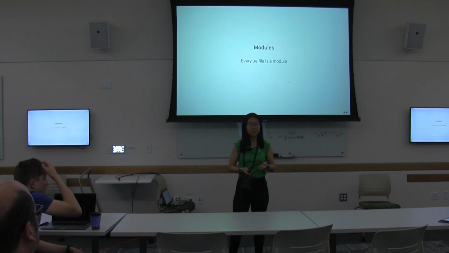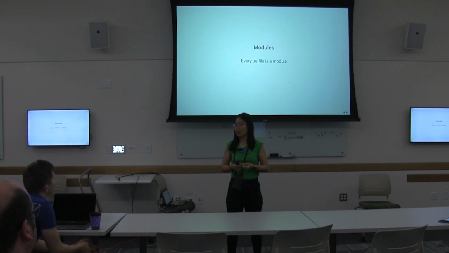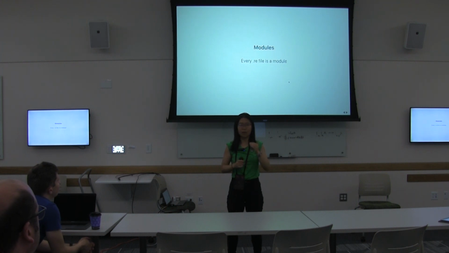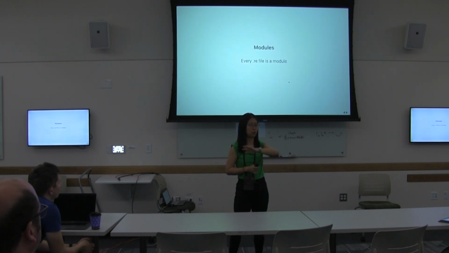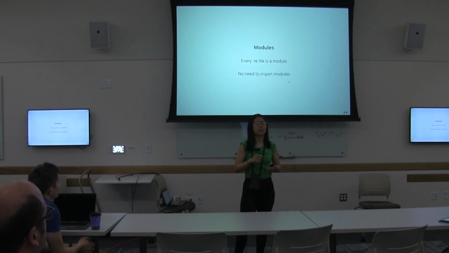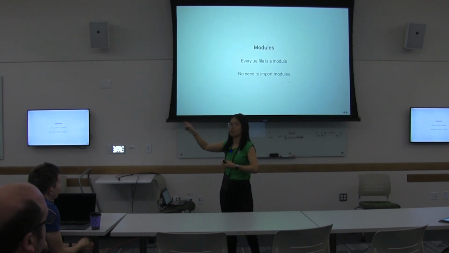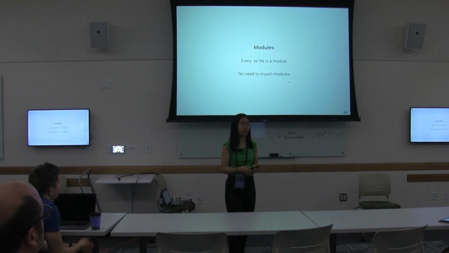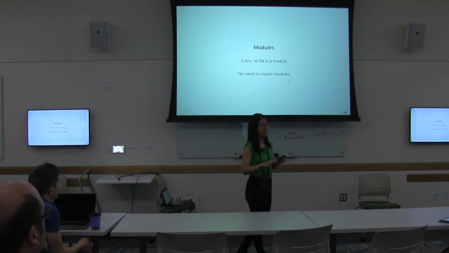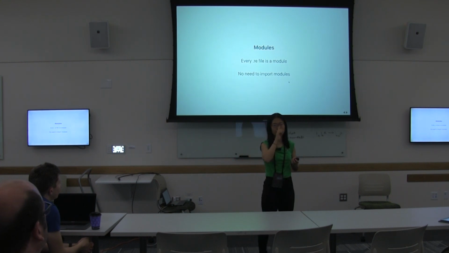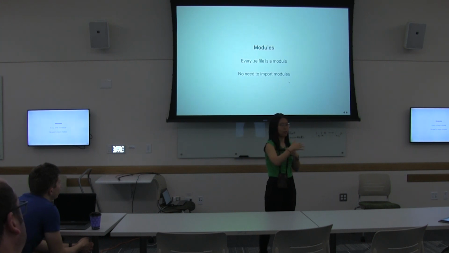In Reason, every Reason file that you have is automatically a module, and every let binding inside of your Reason file is automatically visible to all of the other Reason files. So you don't actually need to explicitly say, I want to import this Reason file and those bindings from that Reason file. Everything is all available by default. Now, if you think that's too crazy, you can actually define a Reason interface file, so .rei, and that will let you specify just a subset of the bindings that you want.